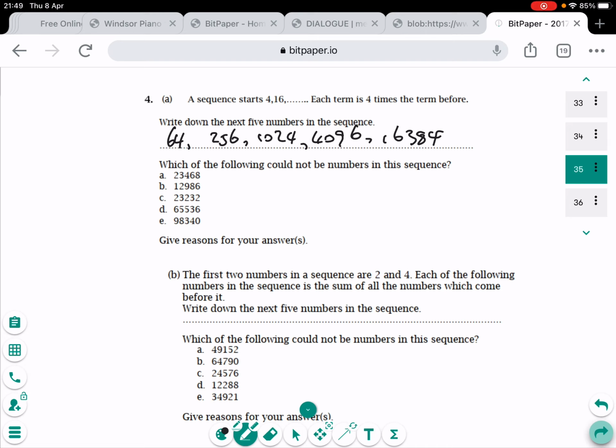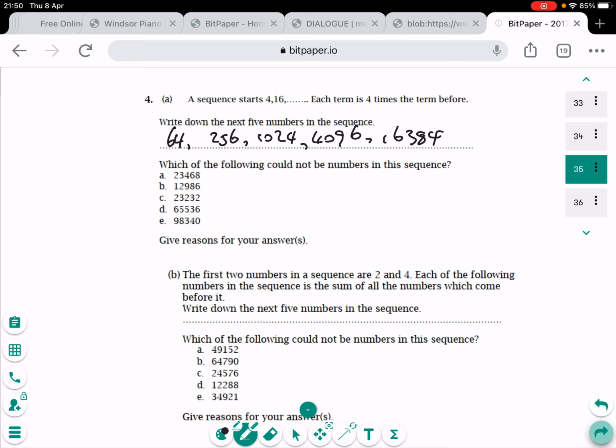You could just do which of the following cannot be numbers. So you could just multiply them. So, for example, 4096 times 4. But I obviously just gave the answers because that might take a while.